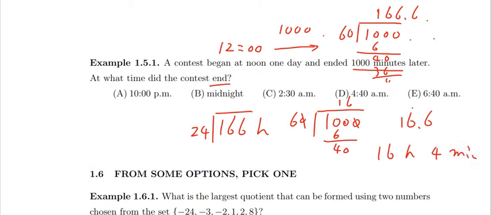Okay, so from 12 p.m., midnight is 12, so at 0.